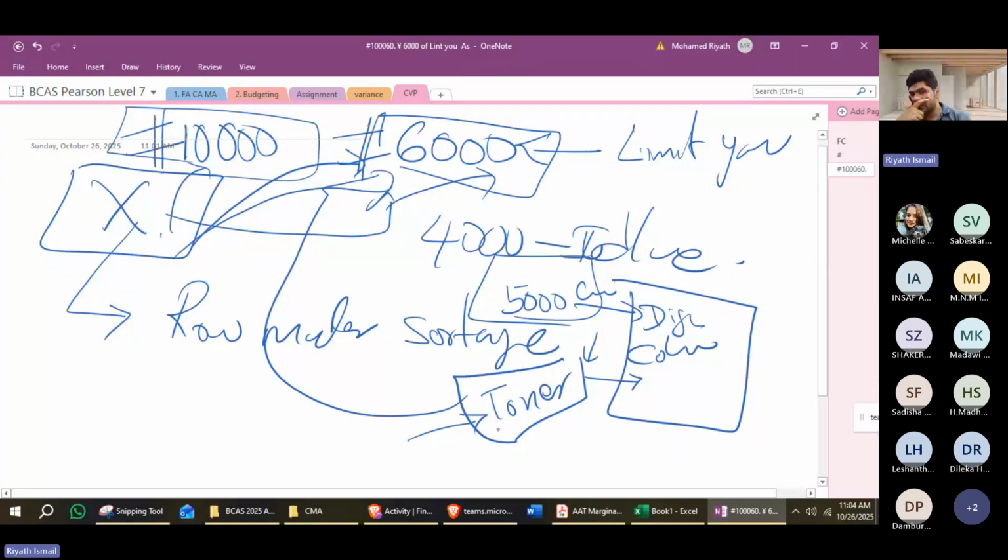And the machine operator, even though we have raw material, machine, and the demand, sometimes the labor is the limit. For example, the X-ray.